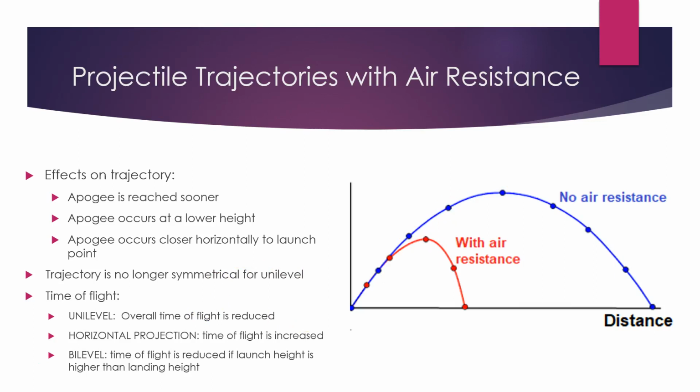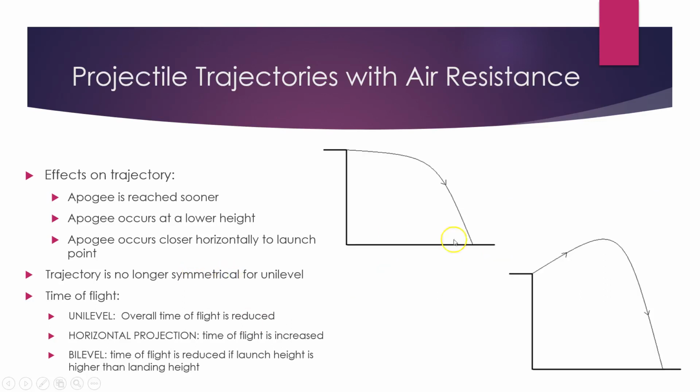Okay, so that's unilevel. If we were to move on to horizontal projection like we have here, in that case, we can definitely say that the time of flight will be increased, because for horizontal projection, the entire trajectory is downwards, right? It just falls down, but it's falling sideways as it does that.